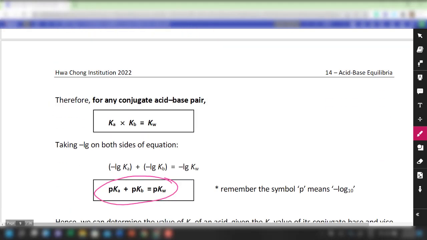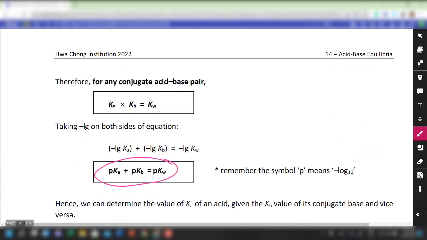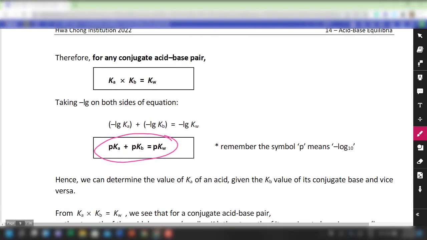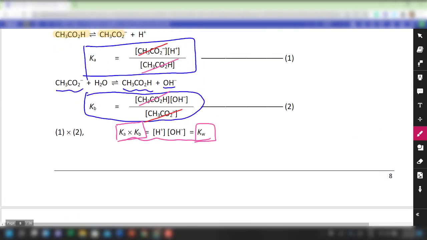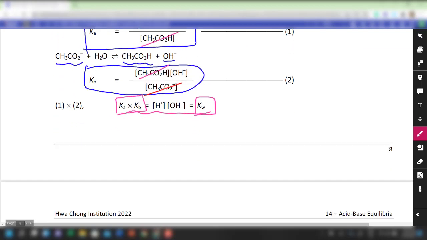As I've shown you above, the logic is that for the same system, which means the same conjugate acid-base pair, you add pKa and pKb together, which eventually gives you pKw, because essentially each of them is responsible for their own H plus and OH minus. That's not exactly the correct way of saying it, but that is one way you can look at things. As we have shown here, mathematically, this is how it works.